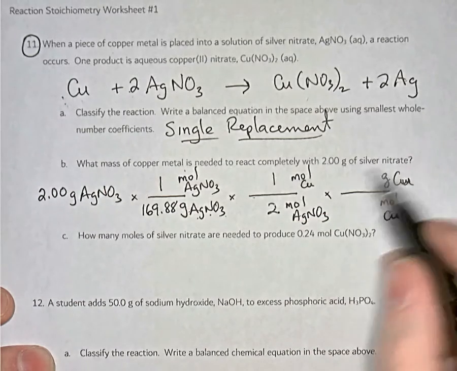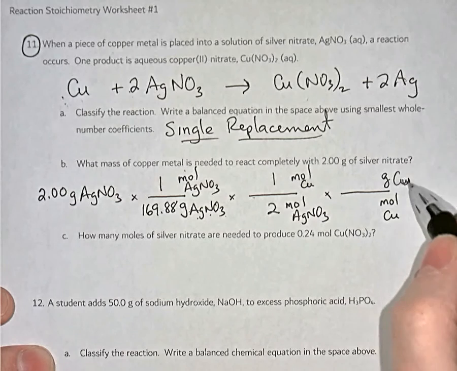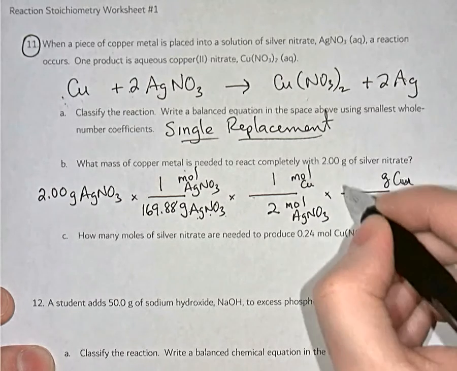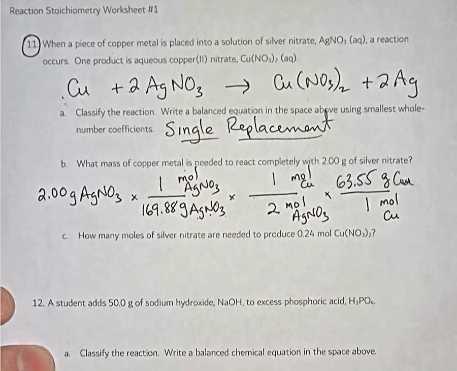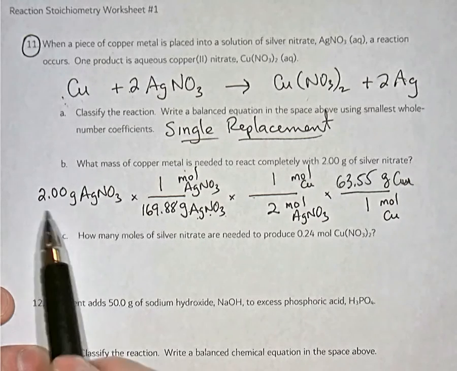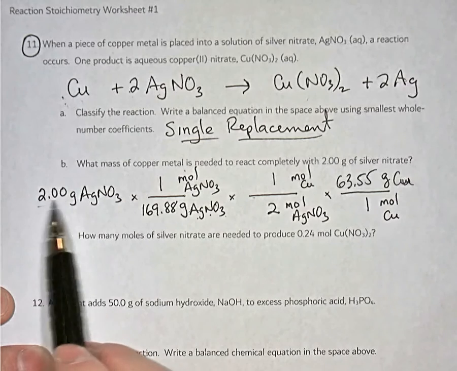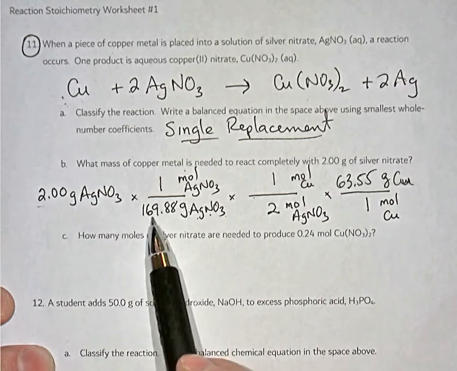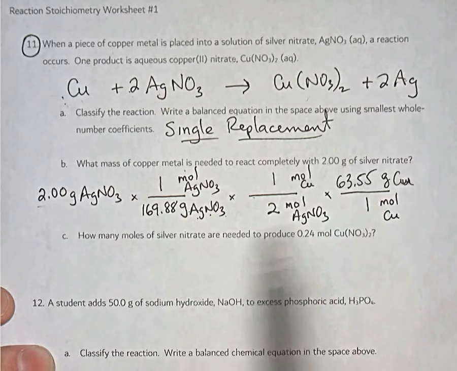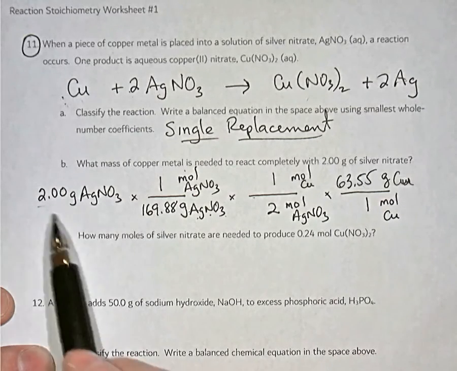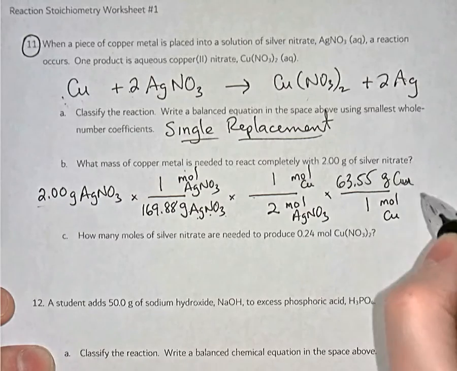And finally, from the periodic table, the molar mass of copper, 1 mole is 63.55 grams. Now significant digits: 3 digits are in the mass, 2.00, 5 digits are in this molar mass, and 4 digits are in this molar mass. So keeping the smallest number of digits, we'll keep 3 digits in the final answer.